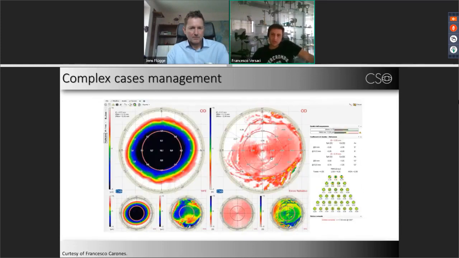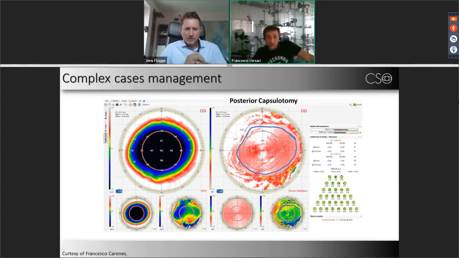Something similar is shown in this slide from Francesco Versaci. So if you look at the refractive error on the right, you will see that there is a kind of circular shape. So you can recognize here the posterior capsulotomy, and since this pupil is not that big, this means that the posterior capsulotomy could have some effect on the vision.